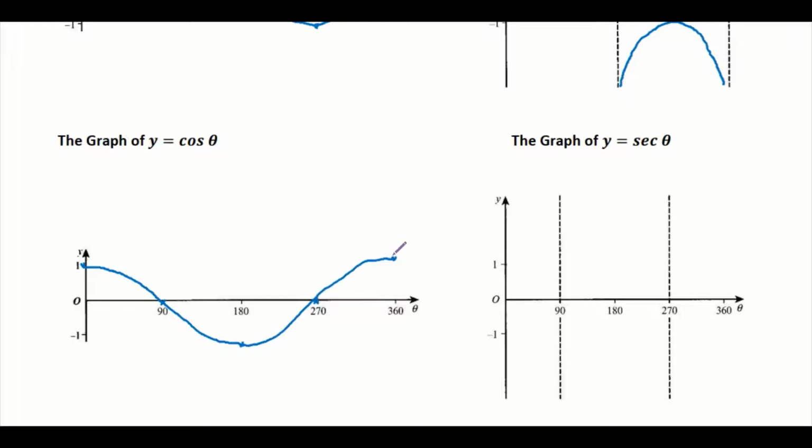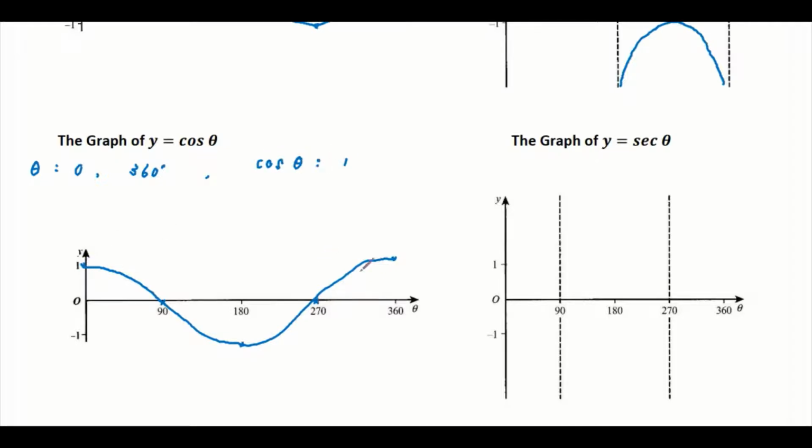All right, so this is your cosine graph. Let us try to do the same thing as we did for the sine graph. You can see that at theta equals 0 and theta equals 360, cos theta gives you 1.